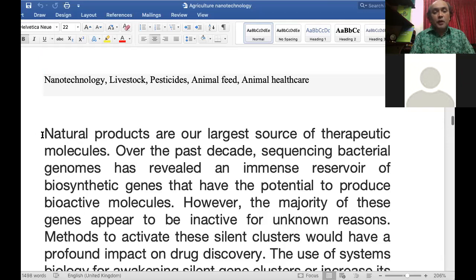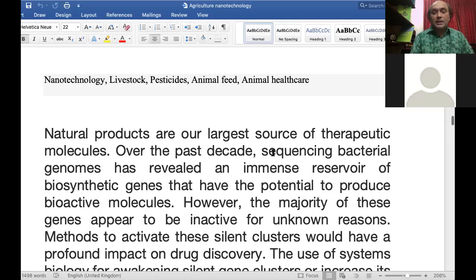They have a defined structure. For example, vitamin C is a natural product. Vitamin C, L-ascorbic acid, has a defined structure. After discovery of L-ascorbic acid, scientists synthesized it, and now you can get the tablet of vitamin C, which is very important for boosting your immunity, even against COVID-19. So natural products are our largest source of therapeutic molecules.